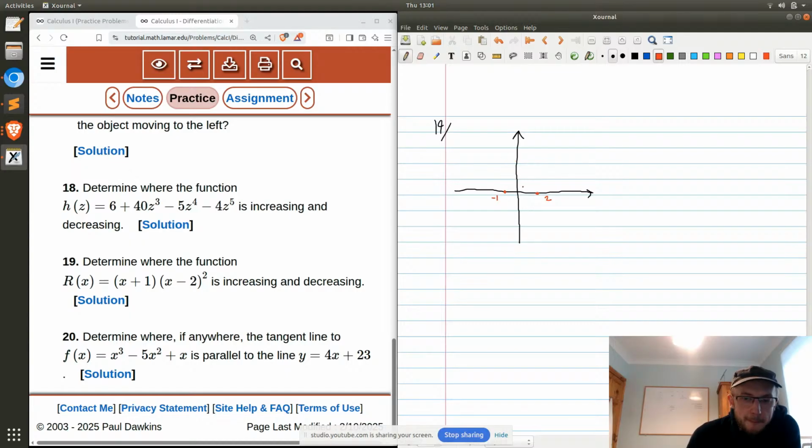Cubic. Right, so unfortunately, that's not actually going to help me a whole bunch. I can say it's increasing for this much and for this much and decreasing for this much. I actually don't know where that point is, do I? So, looks like I'm going to have to expand you.